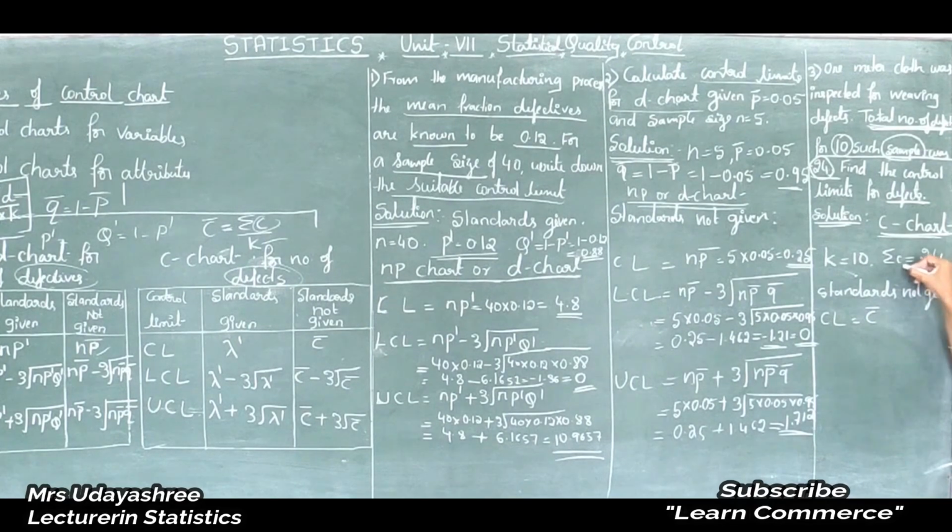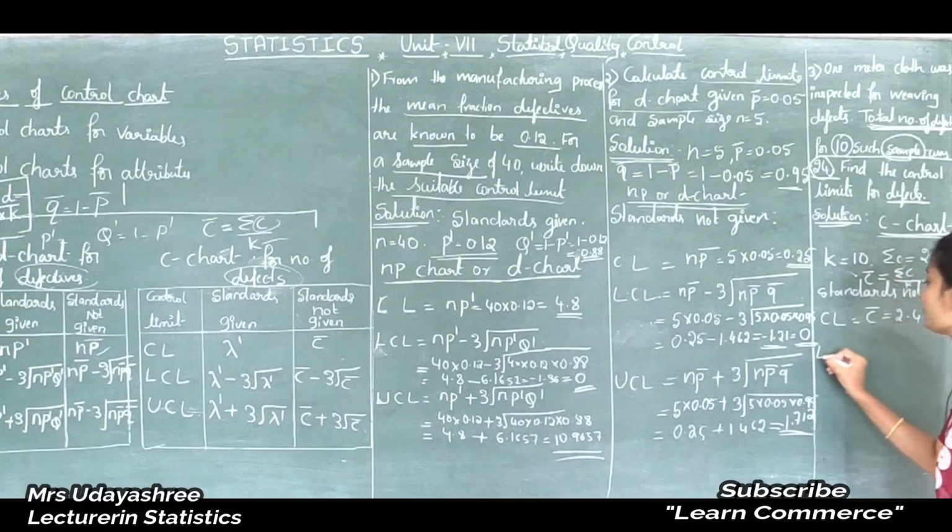See here, summation C is there, K is there. To calculate C bar, we use the formula summation C divided by K. Summation C is 24 and K is 10, so this is equal to 2.4. So C bar value is 2.4. In the place of C bar I will substitute 2.4. Your central line value is 2.4.